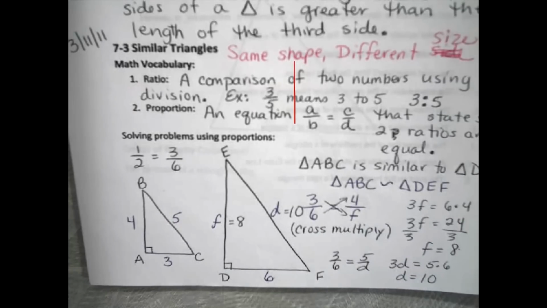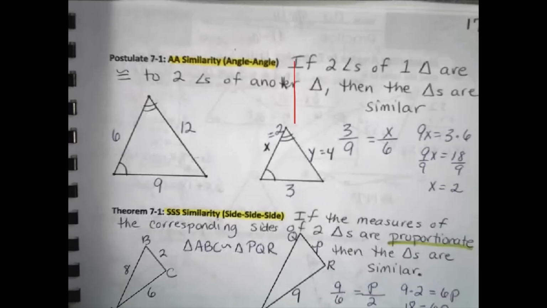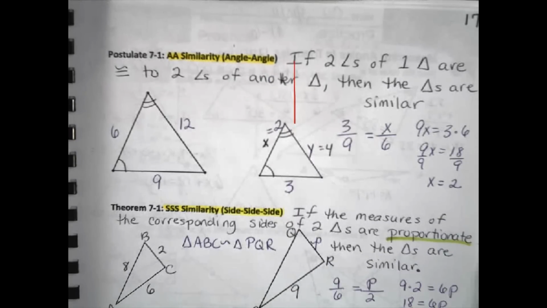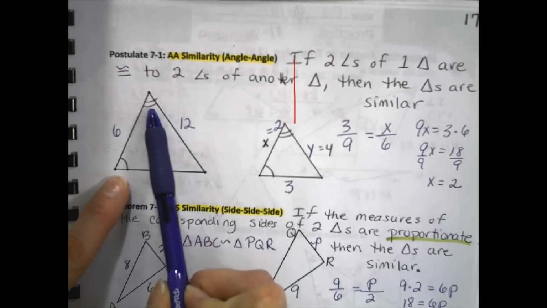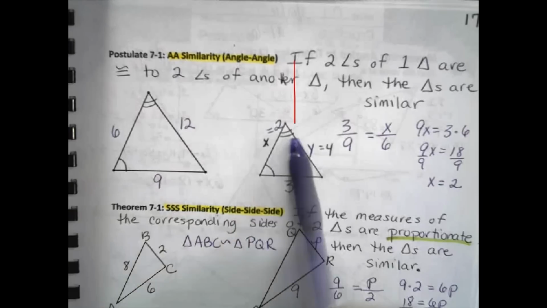There are several postulates and theorems that we use in order to conclude that triangles are similar. The first one is called angle-angle. Keep in mind that these only apply to similar triangles and not congruent triangles. Angle-angle says that if two angles of one triangle are congruent to two angles of another triangle, then the two triangles are similar.